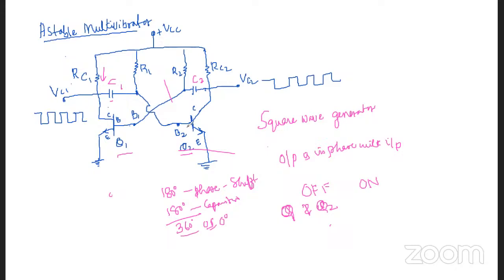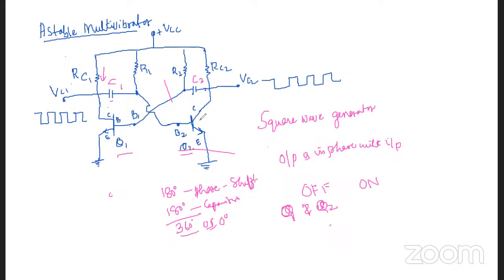Now the transistor Q2 is on, and Q1 becomes off, maintaining Q1 in the off state for a particular period.